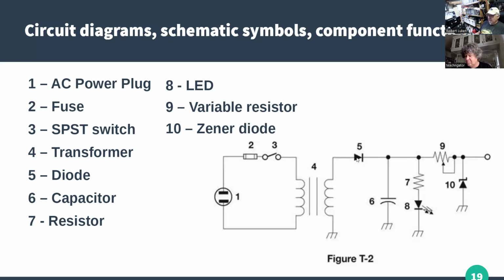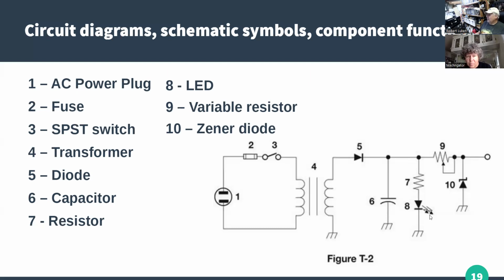Number 5, you remember, is our diode. Number 6 is a capacitor. In some cases, they'll have 2 straight lines instead of this curved one. 7 is, again, a resistor. 8 is your light emitting diode.